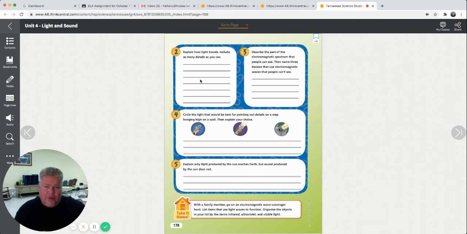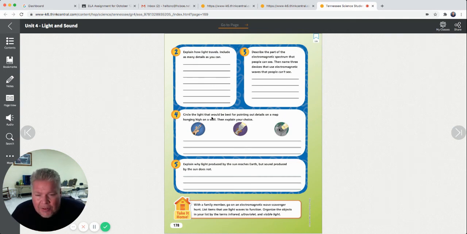And then 3 devices that use electromagnetic waves people cannot see. X-rays, we can't see X-rays. Microwaves, you don't see waves going through your little microwave oven. You see the result, but you can't see the waves. What else? Radio waves, you can't see radio waves flying through the air, but they are there.